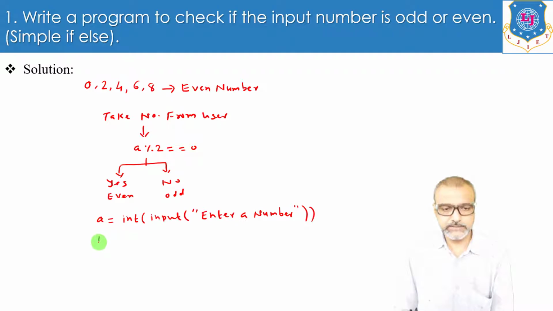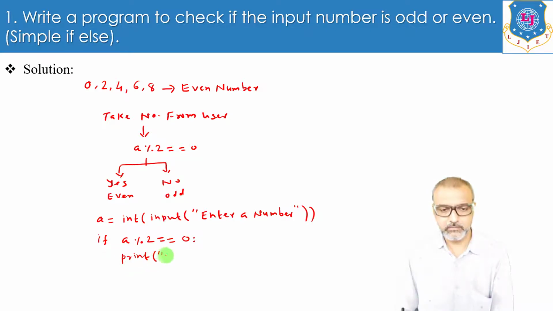Now we'll apply this simple if else block. If A modular division 2 equals to 0, then print, just always take care of this colon whenever you are writing any condition.